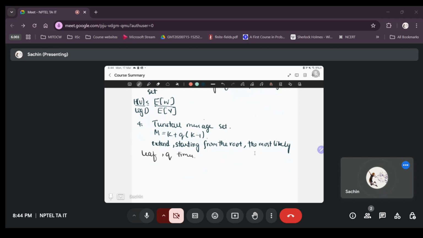To find q, if D power n is greater than or equal to K, then q is M minus K by K minus 1, or D power n minus K by K minus 1.